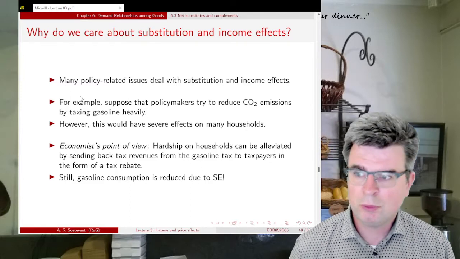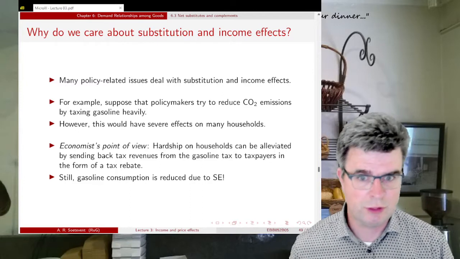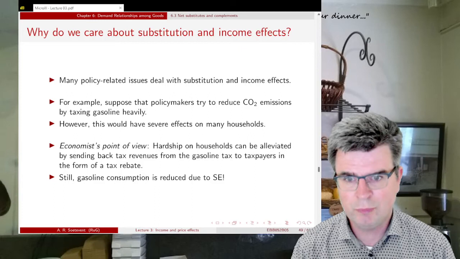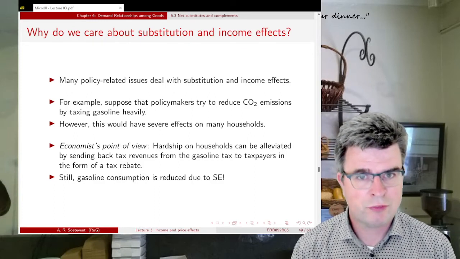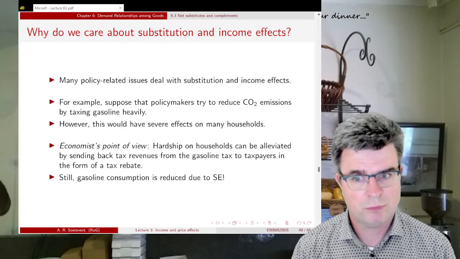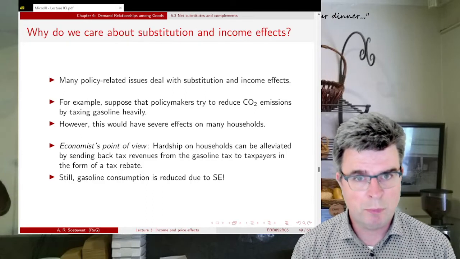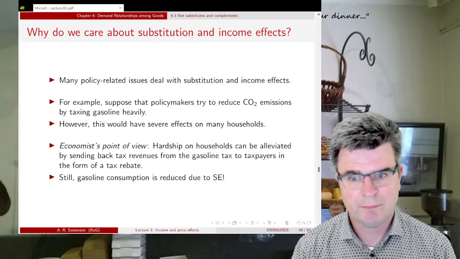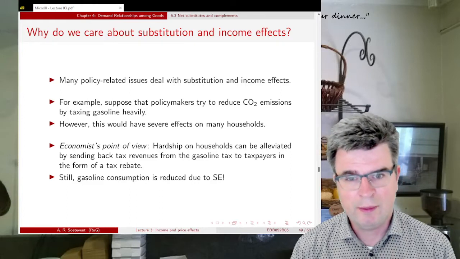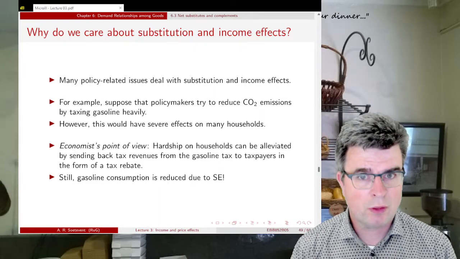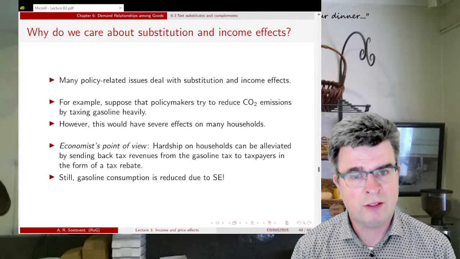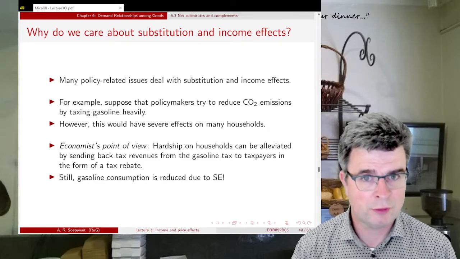So for example, suppose that policymakers try to reduce CO2 emissions by levying a heavy tax on fuel, then this would have a severe impact on households. So they would be worse off, and the question is, how can they be compensated? Now, as an economist, you would say, okay, driving a car and burning fuel comes with a negative externality to the environment, and this negative externality has to be accounted for in the price of fuel.